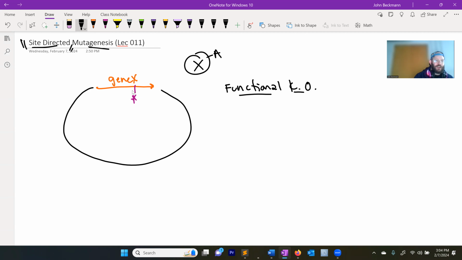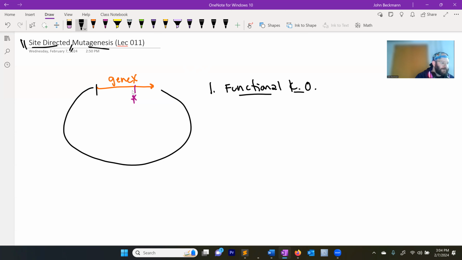It's still coding for a protein with pretty much the same global structure, but its capacity to do what it does is eliminated. So you could use site-directed mutagenesis to do a functional knockout. You could also make a real knockout, like if you wanted to mutate the start codon. So yes, I would accept knockouts in some senses.